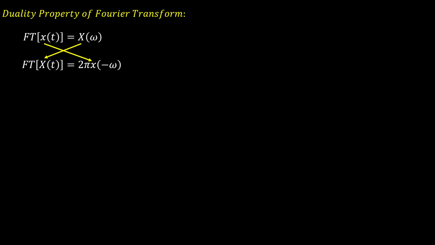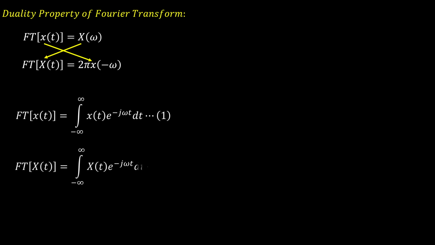We know that the Fourier transform of small x of t is the integration of x of t into e raised to the power minus j omega t with respect to t, where t is changing from minus infinity to plus infinity. Similarly, the Fourier transform of capital X of t is the integration of capital X of t into e raised to the power minus j omega t with respect to t, from minus infinity to plus infinity.